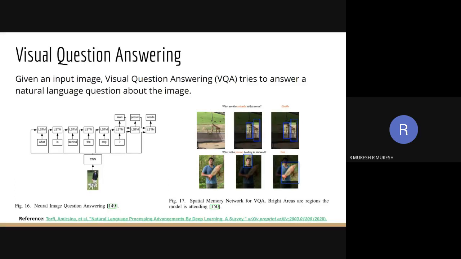So given an image, you ask a question, and the question answering system returns the answer, right? So this is the image, and asking what are the animals in the scene, and the system should be able to say that there is a giraffe in this image. Such systems require a lot of training data, where you have lots of images and lots of questions and answers associated with the images, and you use them to train your network.